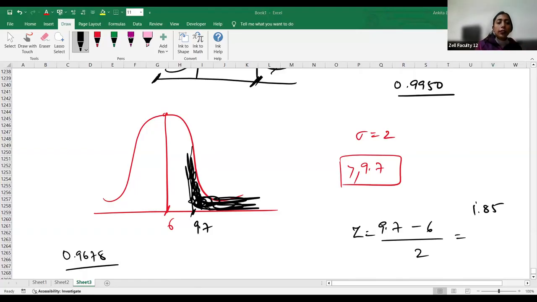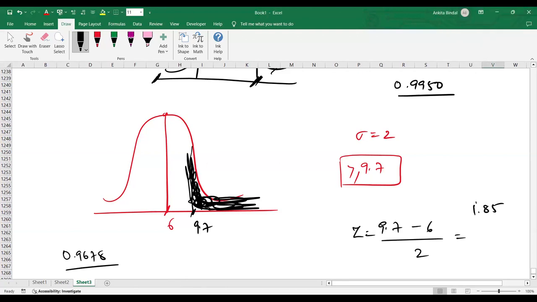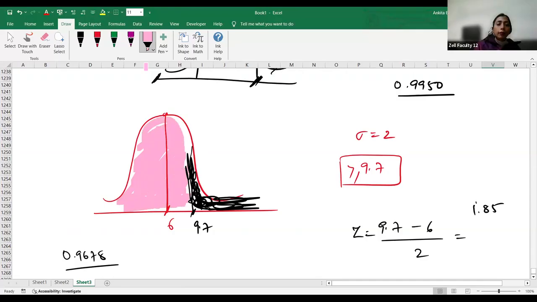Tell me, what does it represent? From extreme left till 9.7. Right. So the probability that the returns would be lying in this pink area is how much?